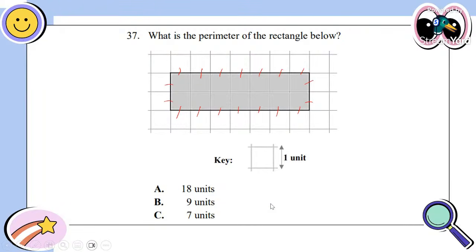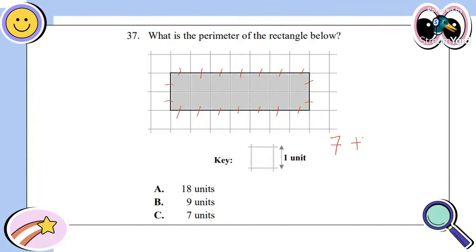Another way to think about this is, here we have at the top, we know a rectangle has 2 long sides and 2 short sides. So we can think about it like this. 1, 2, 3, 4, 5, 6, 7. If one long side is 7 units long, that means this other long side also has to be 7 units long.